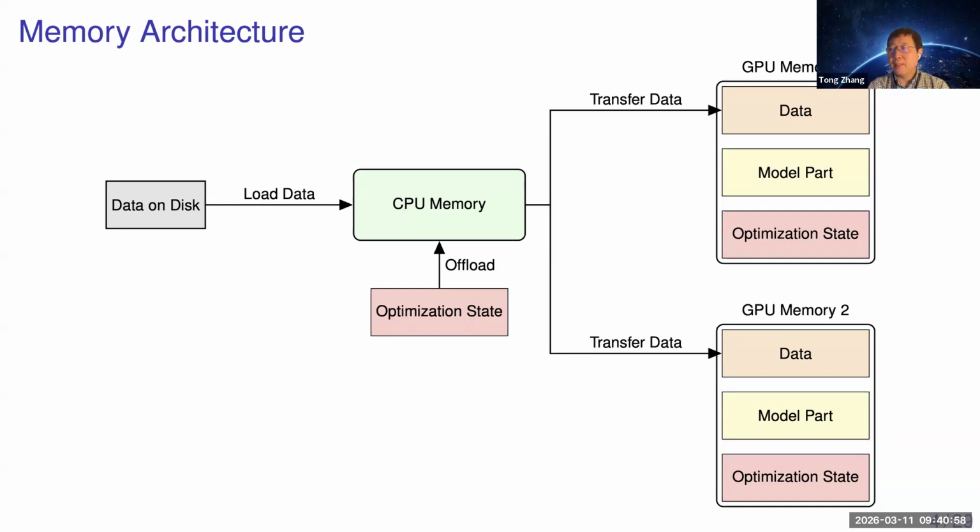Usually, you have a multi-GPU setup in larger trainings, and the data can be split into mini batches. This is called data parallelism. They will go to different GPUs. Also, the model itself could be partitioned among the GPUs if you have a larger model. But in the academic setting, typically each GPU contains a full set of the model parameters.